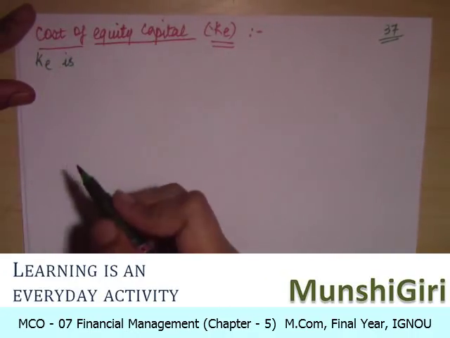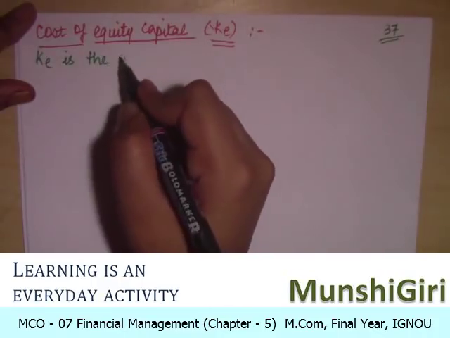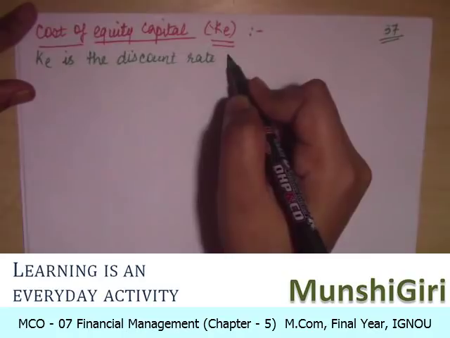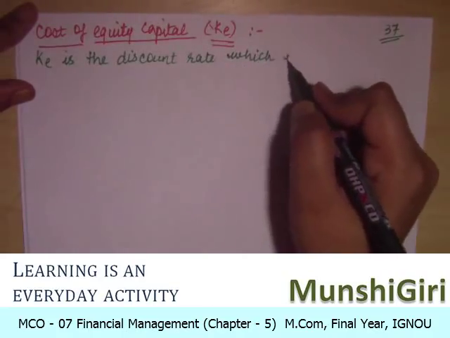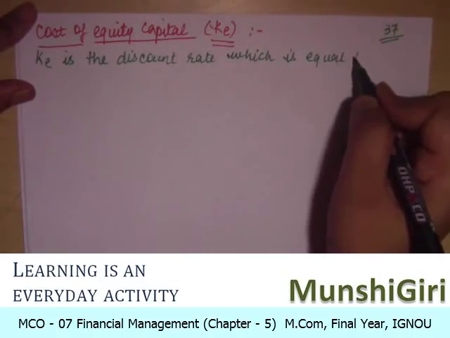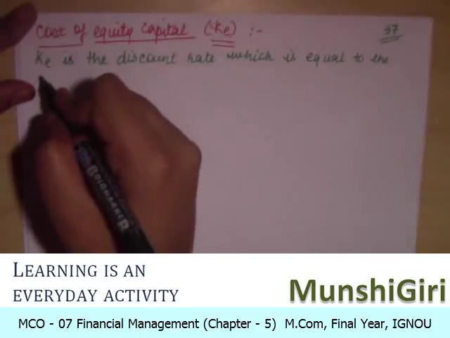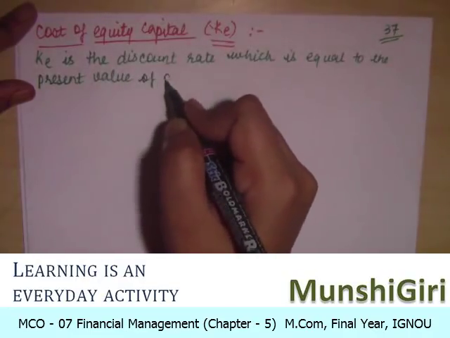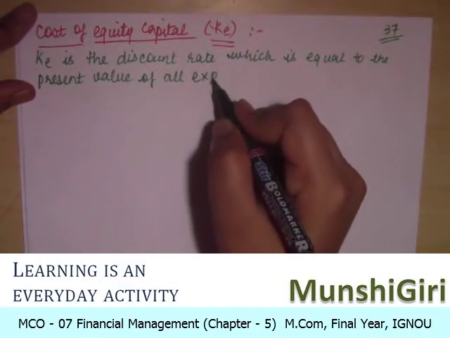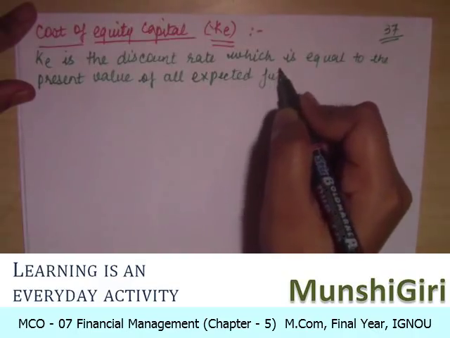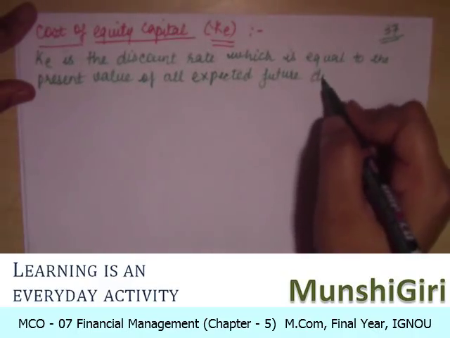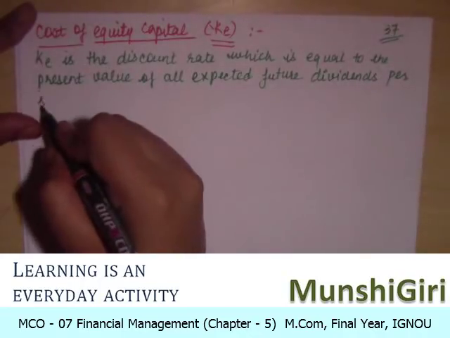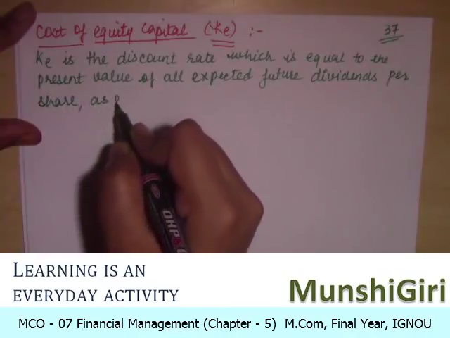KE is the discount rate which is equal to the present value of all expected future dividends per share as perceived by investors.